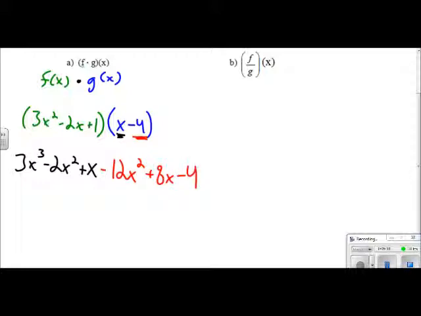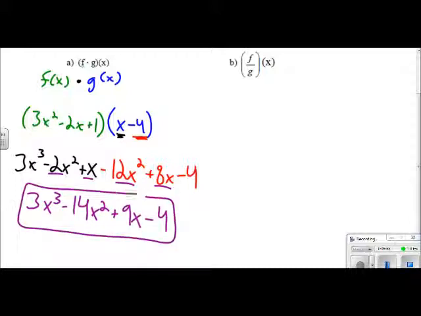Now, we'll do this in purple, combining all of our like terms. 3x cubed, our x squareds become negative 14x squared, plus 9x, and minus 4. So that's our full function at the end.